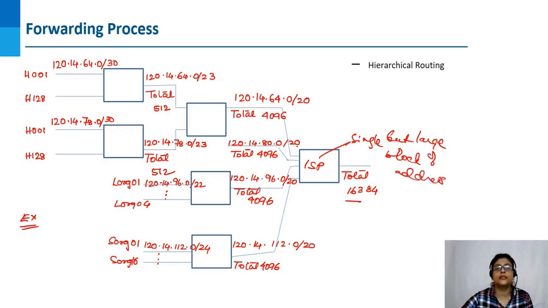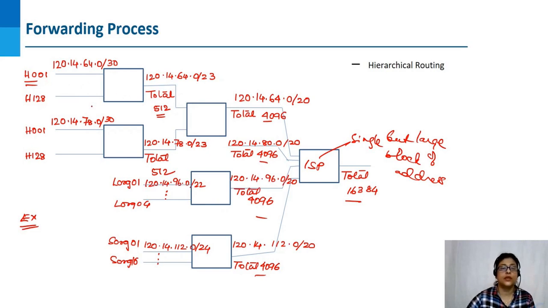Now this block is further subdivided into 4 different blocks having a total of 4096 each, giving a certain addressing range. Now each of these again are further subdivided into 4 different address pools having 512 each. So in this fashion it goes till the last one, when we have host 001 to host 128.